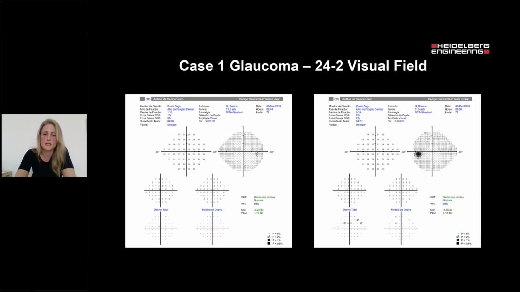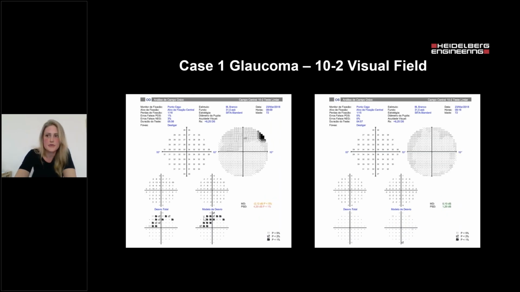So again, in the 24-2 of our patient, we can see, despite the GHT and the PSD within normal limits, some points of sensitivity less than 5% in the upper side of the field.